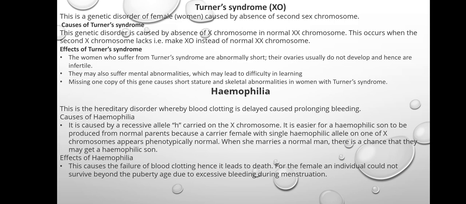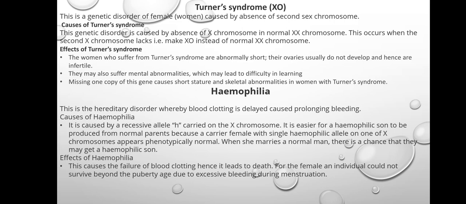The other one is haemophilia. As we said, haemophilia is in the other type of mutation. This is a hereditary disorder whereby blood clotting is delayed, causing prolonged bleeding. It is caused by the recessive allele, h, carried on the X chromosome.